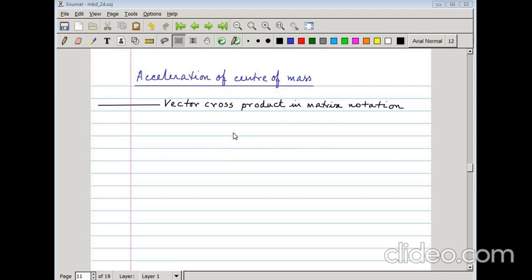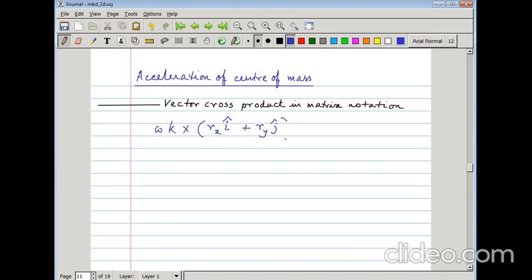We did omega cross r, and omega cross r has been expressed in matrix notation. But here we see that there is another way of doing so. So let's see what that is. Suppose you have omega k cross rx i plus ry j.